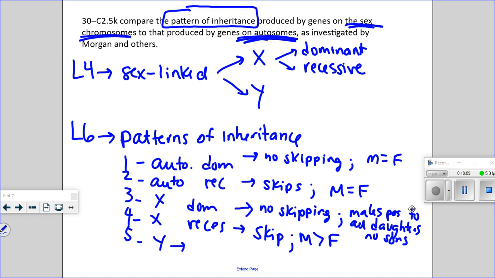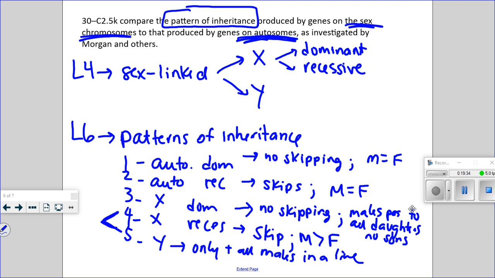The Y one, remember, only males and all males in a line. And sometimes people mix up these 2 because they look really similar. They'll both have just males who are affected. So really be careful when you're deciding between those 2. Every male in a line has to have it if it's Y-linked.